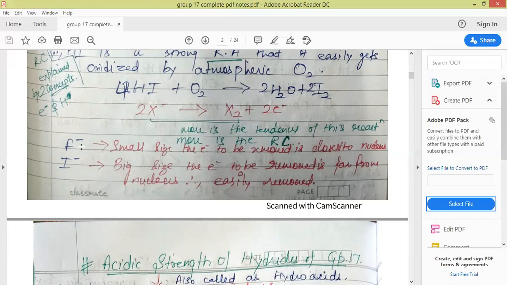The small size of fluorine will lead to more strength of the nuclear pull for its electron. As the size is small, its nucleus will attract the outermost electrons more strongly in comparison to iodine. So the reducing character of HF is less in comparison to that of HI. This can be explained in this way also.